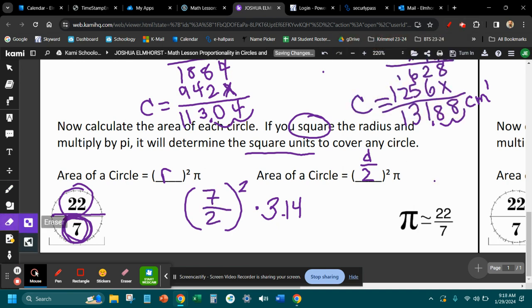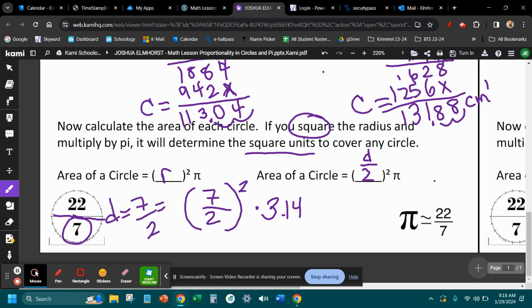All right, let's try right here. So the diameter is 7. Diameter equals 7. In order to get the radius, we're going to divide that by 2, and that's going to give us r. So we got 7 divided by 2.